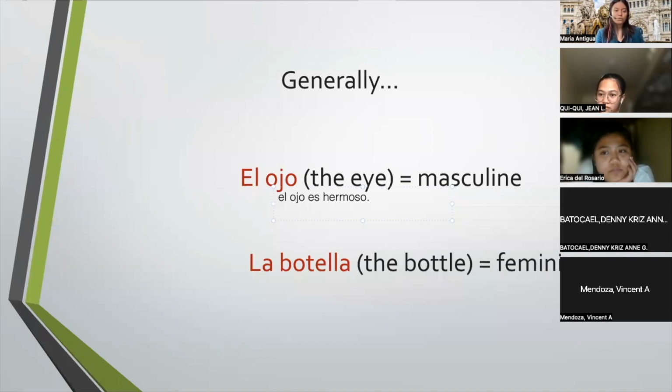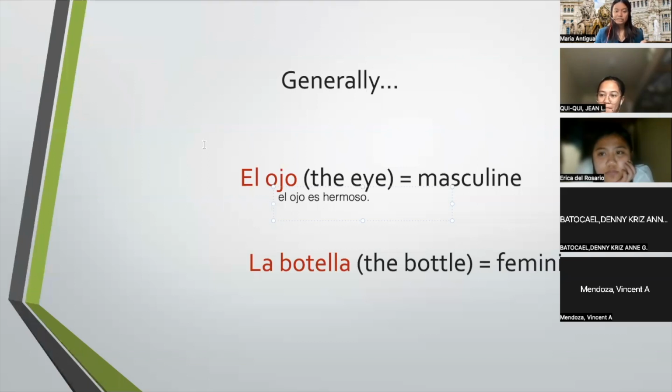Es hermoso. Good. Okay, nag-shortcut na. What's the pronoun that you're going to use? Sige, para ma-gets ng mga klase mo. What's the full with the pronoun in Spanish? You can see there it's masculine. So what is the masculine? You want to say, it is beautiful.